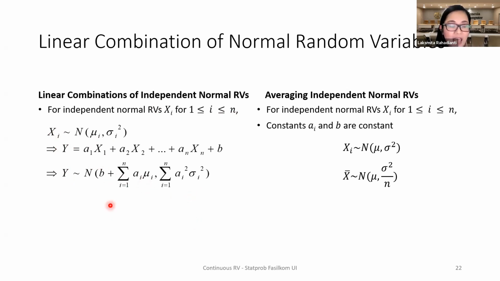So if I had Y equal to a1 X1 plus a2 X2, for example, then I would know that this would follow a normal distribution. B is 0. In this case, I have no B. And this would be the sum of a1 mu1 and a2 mu2.